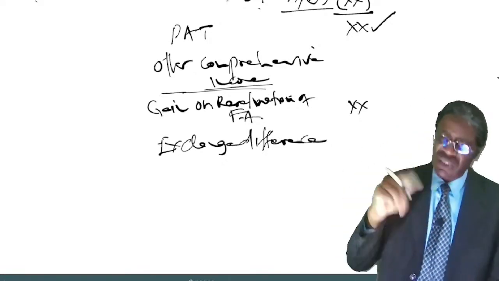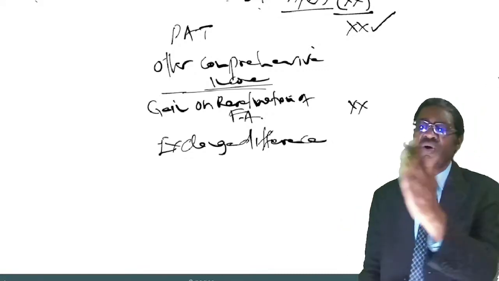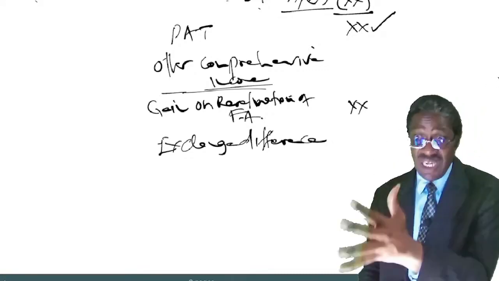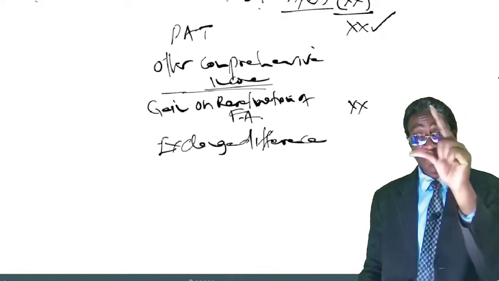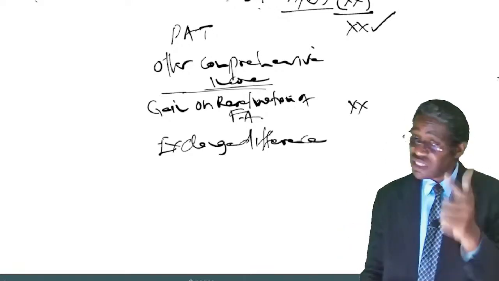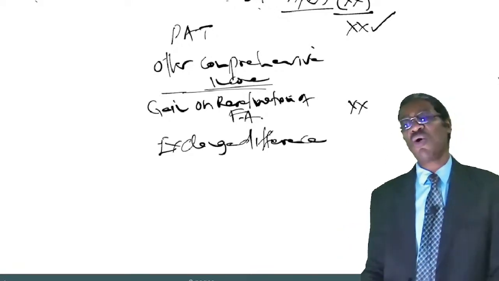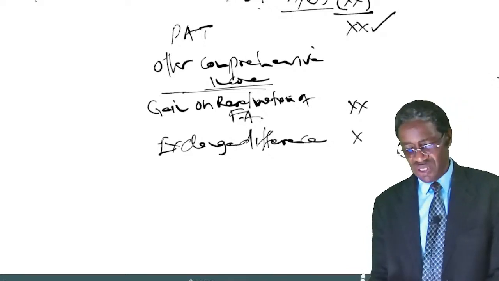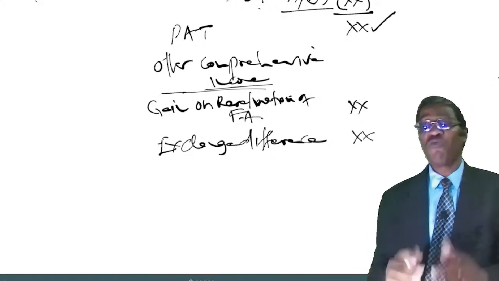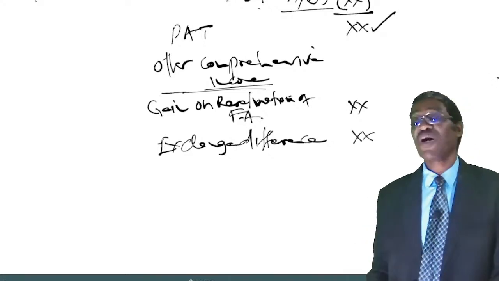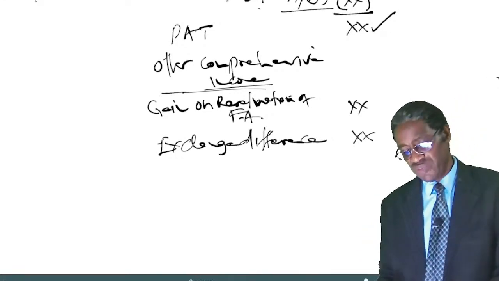That gain or loss is what we call the exchange difference. That's another example of what we can classify as part of other comprehensive income.